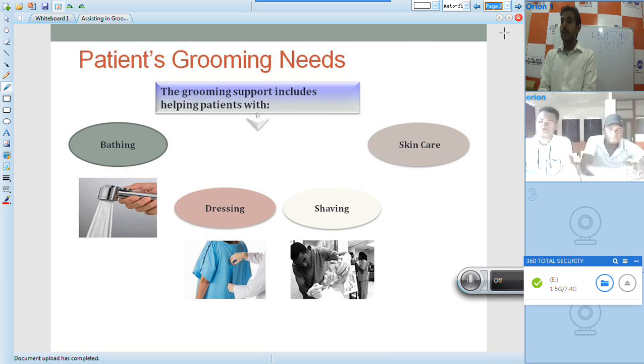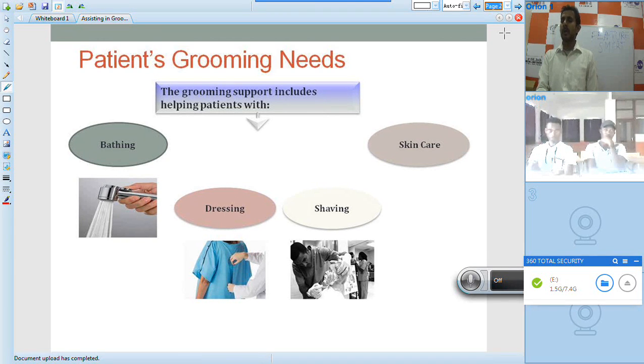Because if we groom well, it depends on our personality or the grooming gesture that the other people in the hospital, like the staff and the other patients, also feel the comfort and the rich environment within the hospital, so that each and every patient is well groomed, well shaved, well dressed up, and has skin care like regular bathing, applying talcum powder or lotions to the skin, so you could prevent skin infections in various ways.